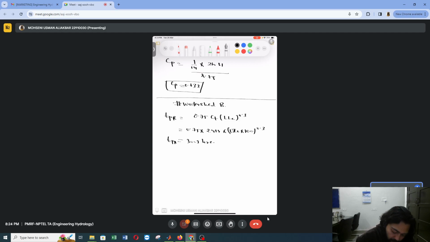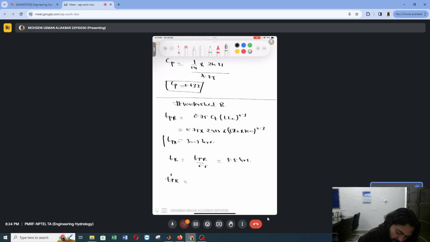So this is the peak. Now we can calculate using this thing. The time of rainfall, which is coming to be 5.5 hours, right? So we need to make some correction because the value that they have given is 5. So we are making this correction. We are calling it T dash of PR.